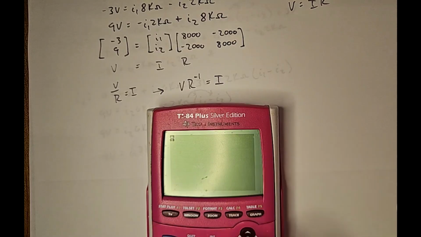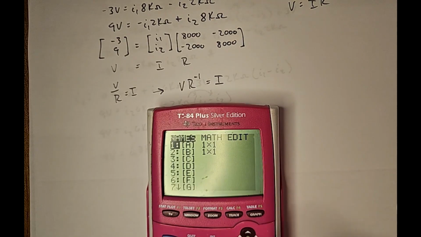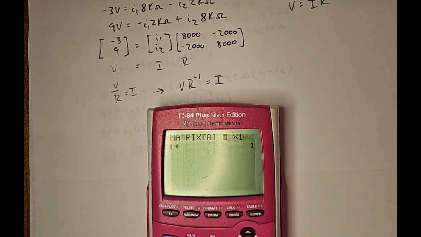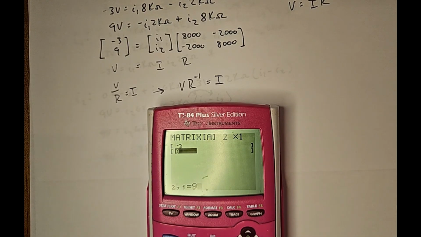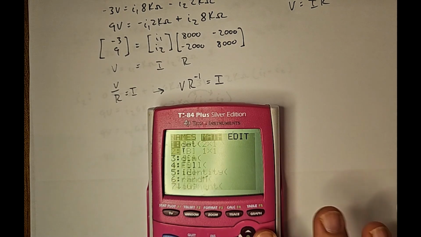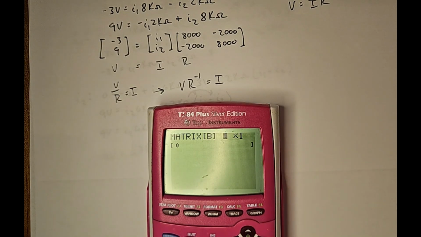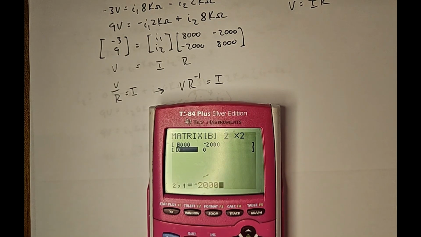In the matrix menu, number 1 will be our small one. Make it 2 by 1, -3 and 9. Done. Now for our 2 by 2: 8,000, -2,000, -2,000 again, and 8,000.